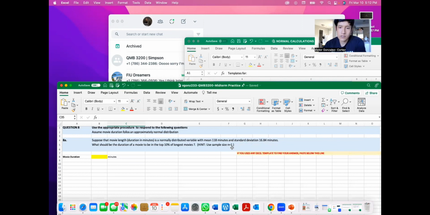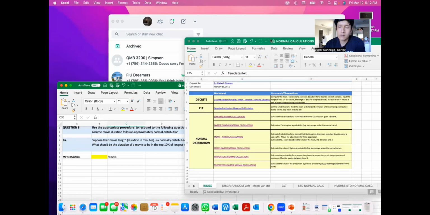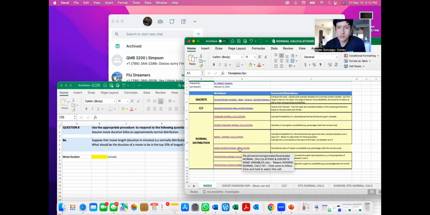Use sample size n equals 1. Since we want to find the top 10%, we're going to use our means inverse normal calculations. This is to calculate the values of x given a probability.